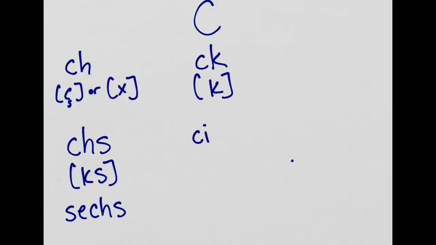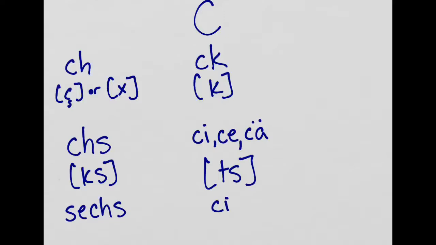So CI or CE, or in this case, CA with an umlaut, because of course we know A with an umlaut is pronounced just like an E, are all going to be pronounced TS. Words like cis or Caesar.